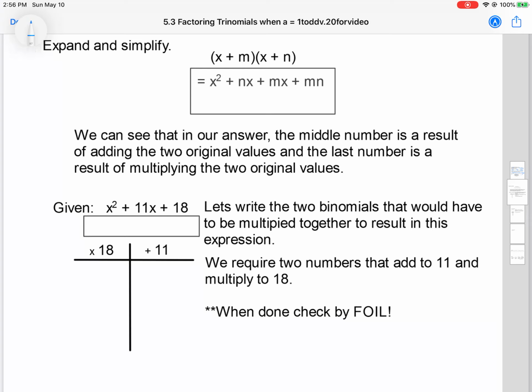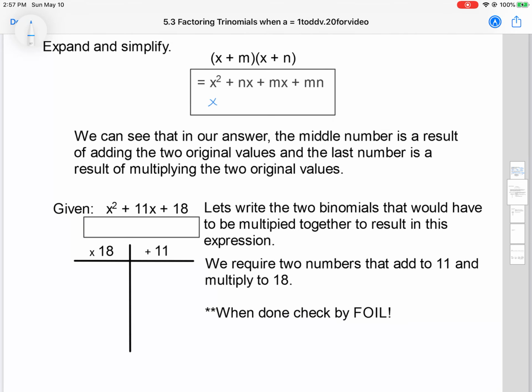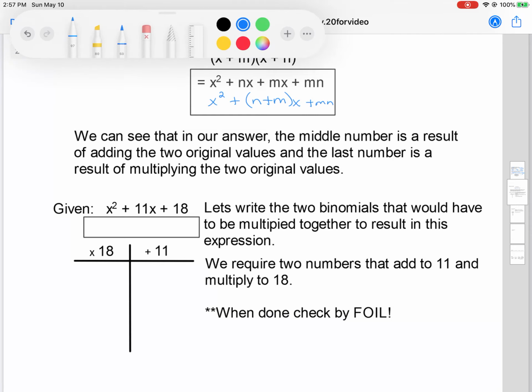Okay, so if we expand and simplify, if you have a random m and n number here, then you can write this like the x squared term, and then n plus m will be added, and you've got mn multiply. So that's going to be important.